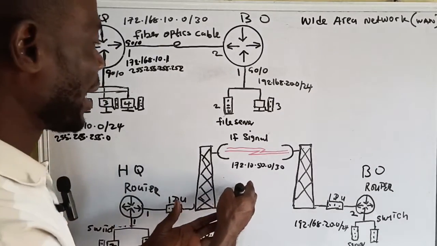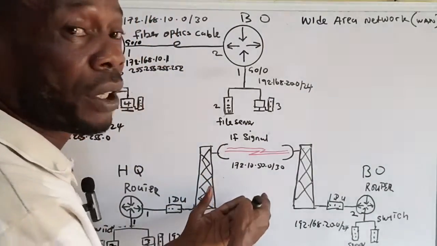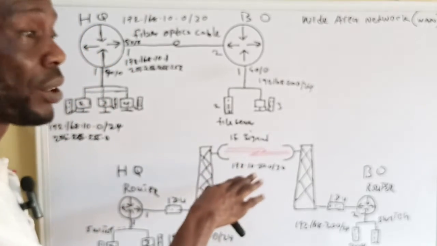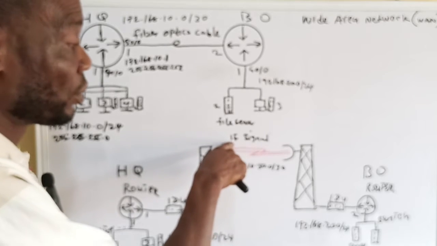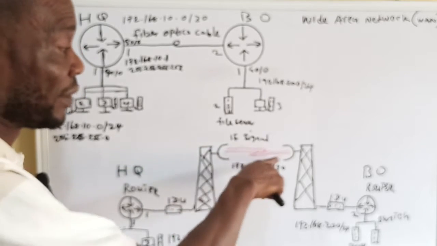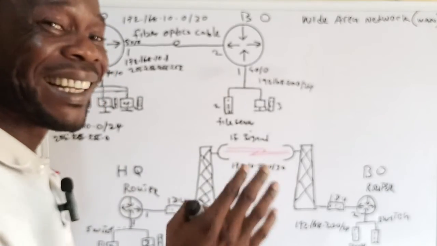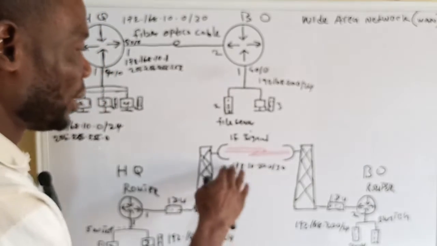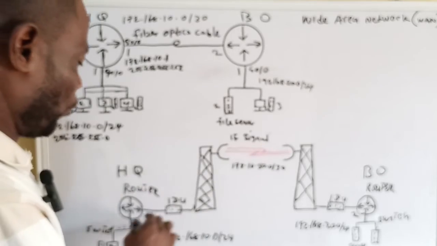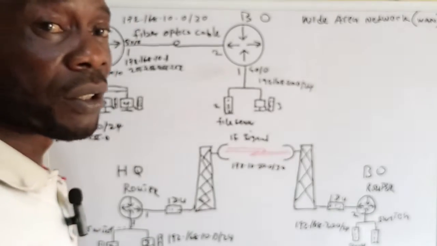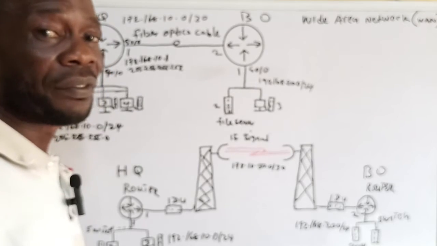You can see here I use a wireless means of connection. Cell towers establish a strong connection using what is called an RF signal. They need to have a clear line of sight for these two local area networks to send and receive files.